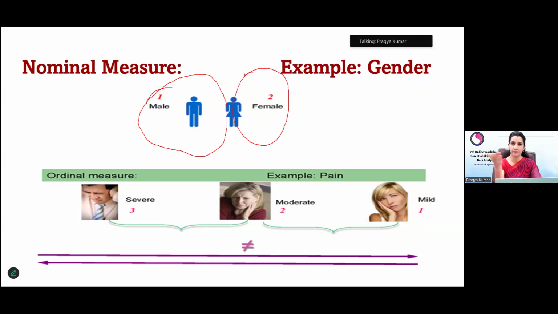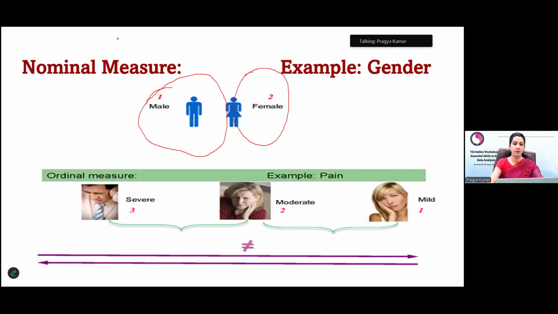If I give 2 to male and 1 to female, the meaning remains the same. That's the example of nominal. Any traits, like the color of the eyes, or the blood group. If you give blood group 1, 2, 3, 4 coding and reverse the coding, again the meaning does not change. That is what we mean by nominal.